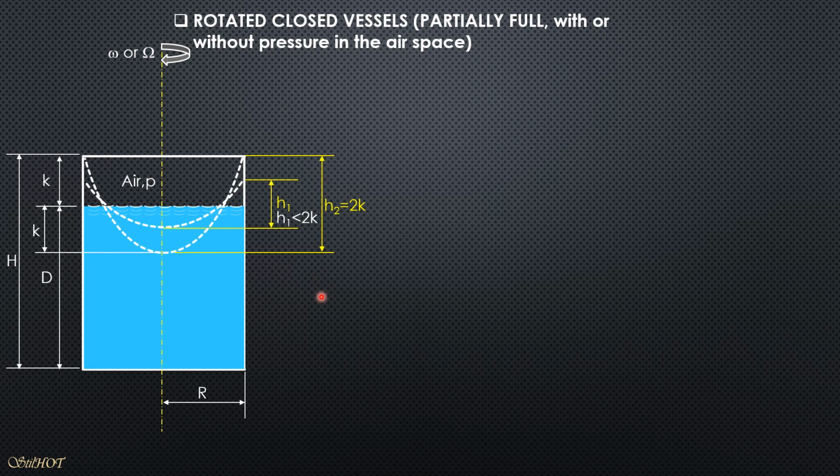And next is when, that's why it's K and this is K also. When the rotation is greater than this situation here, the vortex is below but above the bottom center and crosses the top cover. So this is the situation.